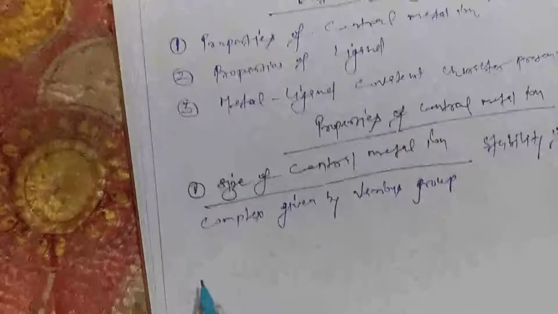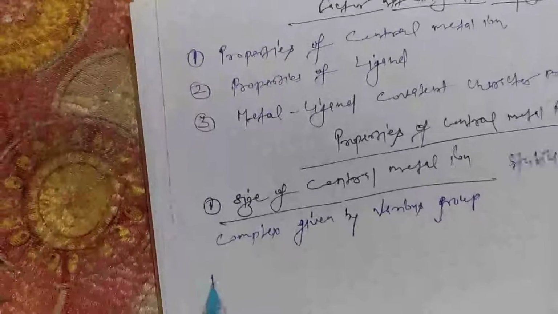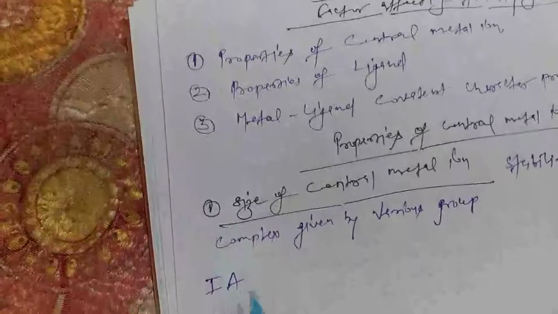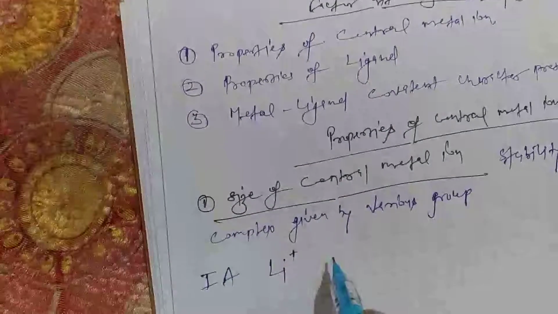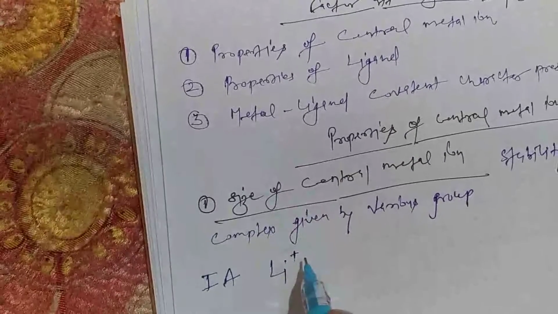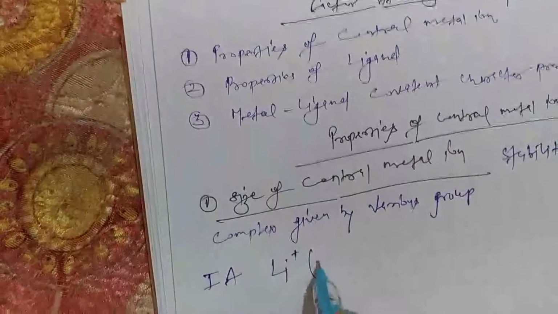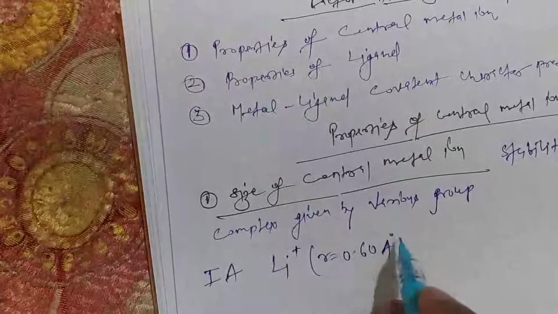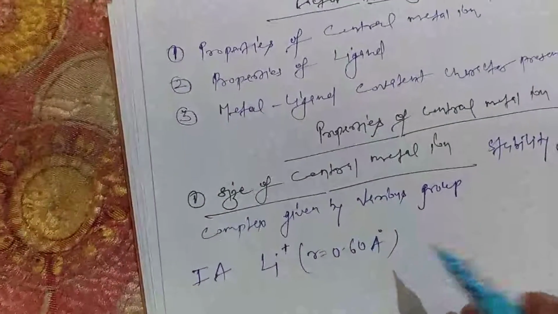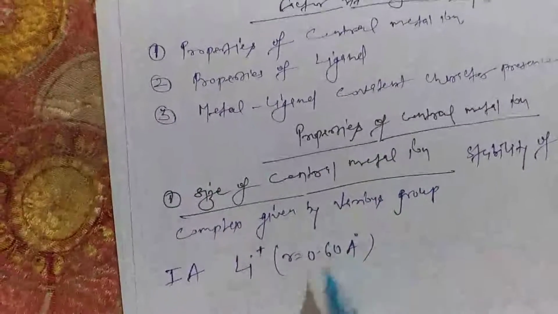Let's talk about the very first group. The first group element is lithium, which has a plus charge, and the radius, the size, is 0.6. This is only to show the effect of size.